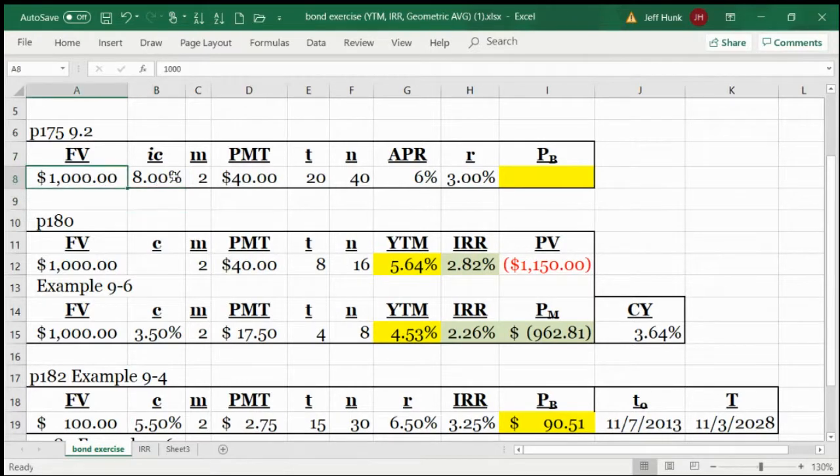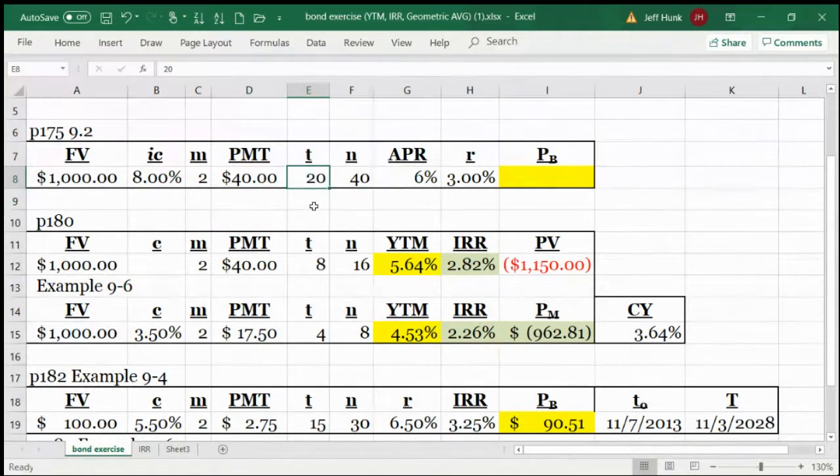So face value is 1,000, coupon rate 8%. And compounding is semi-annual, because it pays interest semi-annually. And then the coupon payment is automatically calculated: this times this divided by 2, right?